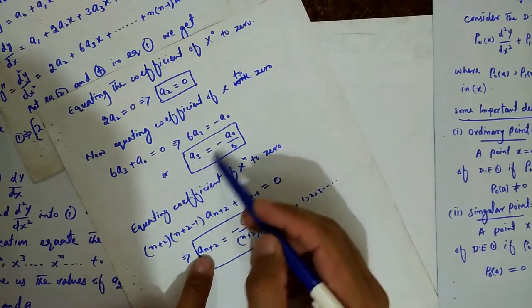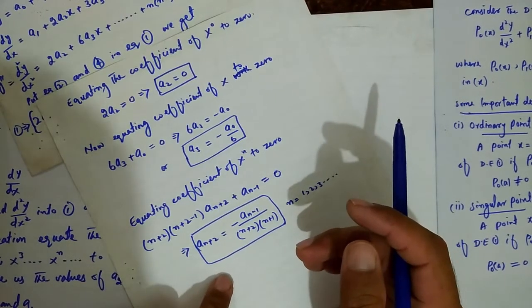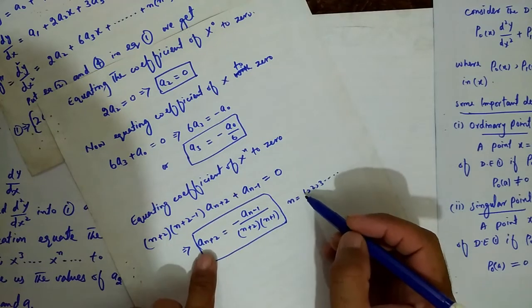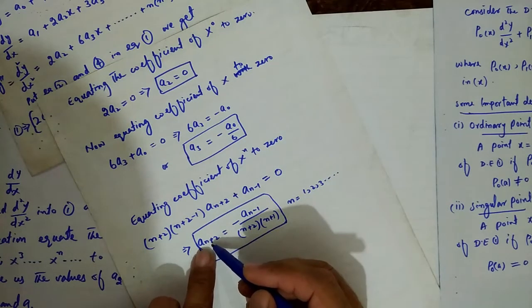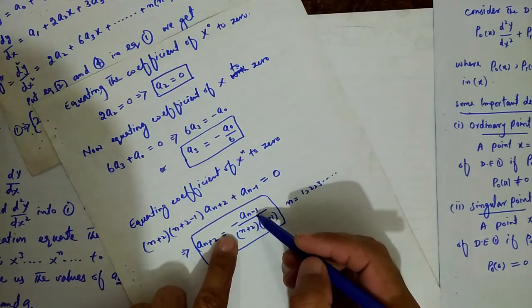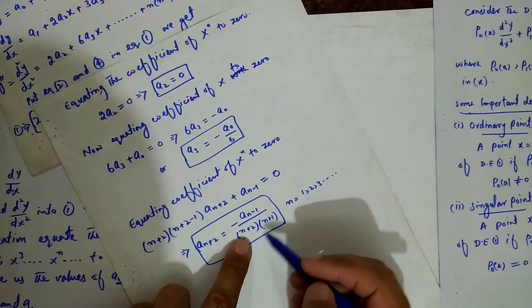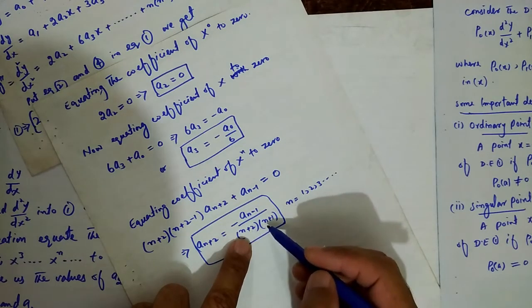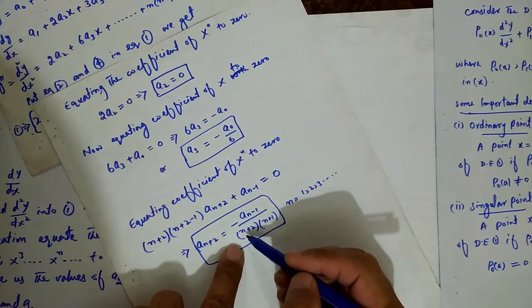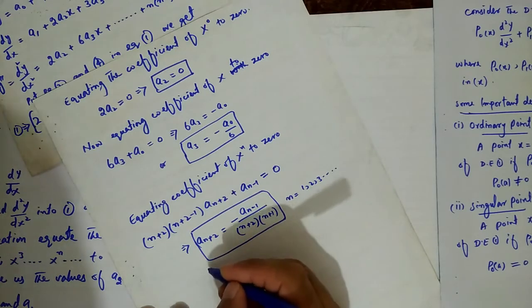We have already found a3, but let's use it for checking the validity of this recurrence formula. When n is equal to 1, a3 will be equal to minus a0 divided by, so 3 into 2, 6, minus a0 divided by 6. So this is the recurrence formula.